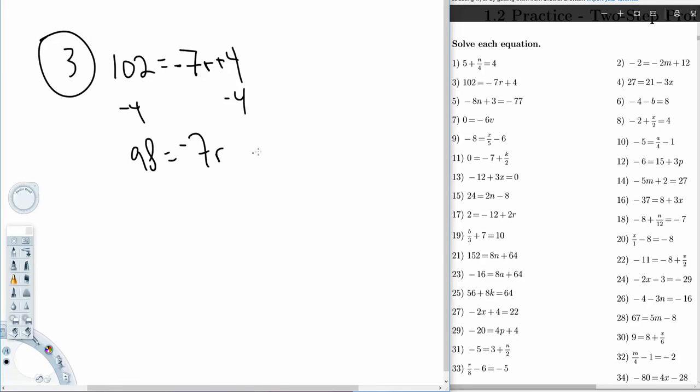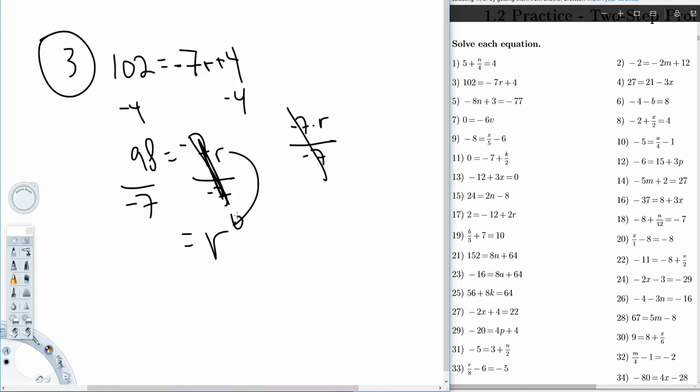What do we do? Well, negative 7 times r. If we could divide by negative 7, we could cancel this negative 7, so that's what we're going to do, both sides. Negative 7 divided by negative 7, we're left with r, right? 98 divided by negative 7, I believe, equals negative 14. Let me check the answer. Yep, that's the right answer.